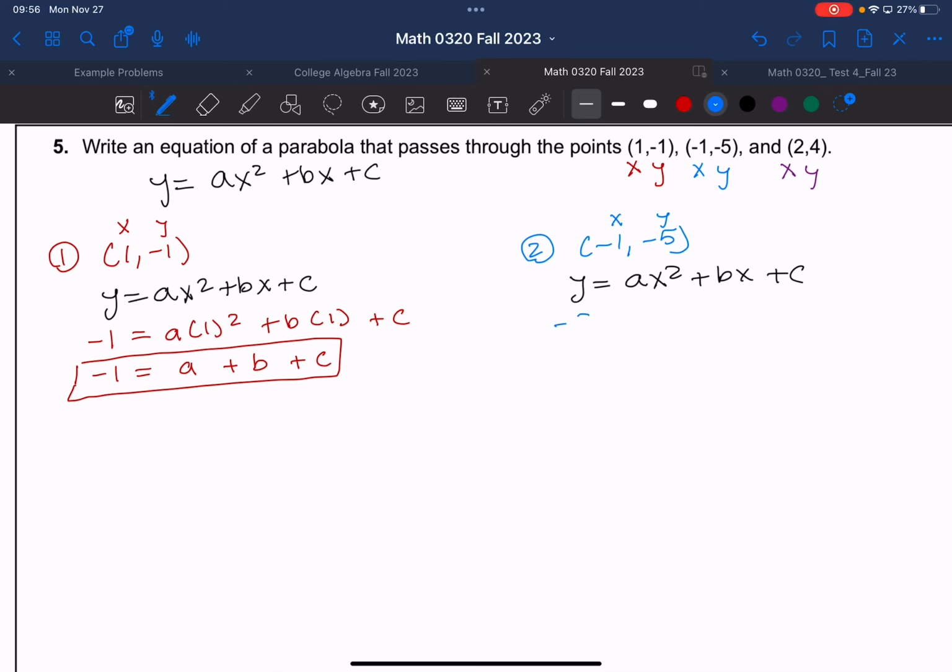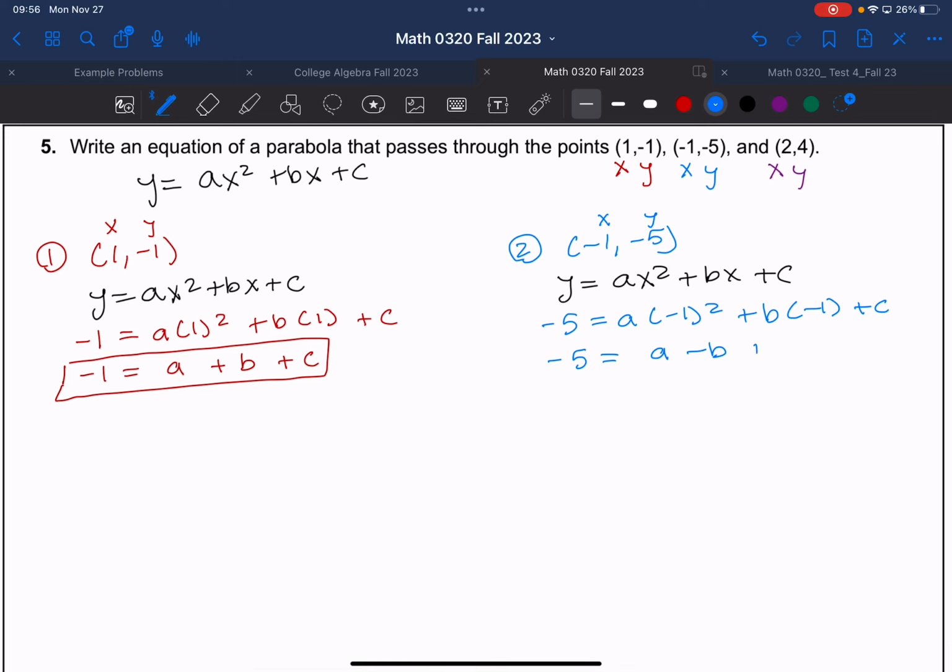So I have negative 5 is equal to a times negative 1 squared plus b times negative 1 plus c. So I have negative 5 is equal to negative 1 squared is positive 1. Positive 1 times a is a. B times negative 1 is negative b, and then plus c. There's my second equation.